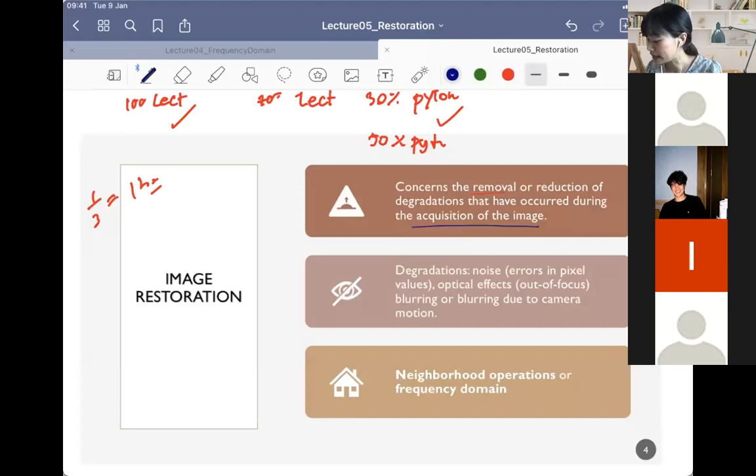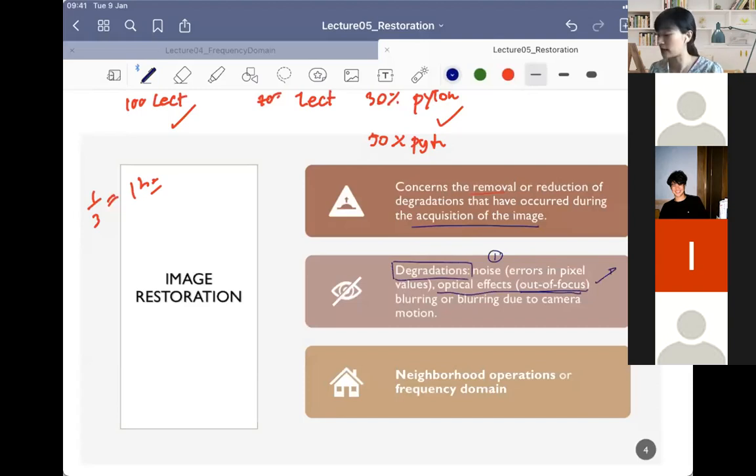So here, the word degradation implies that it could be some certain noise, or there are some optical effects. For example, it's out of focus, like whenever you take a photo of your friends and it's blurry, so your friend will ask you to capture another one, right?